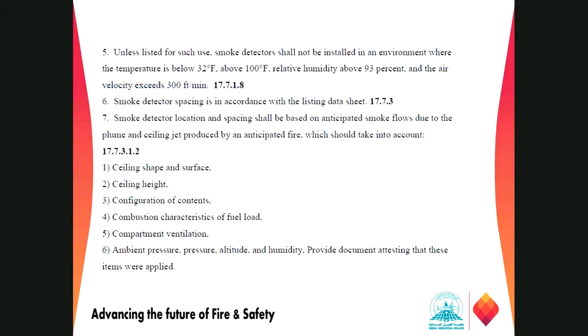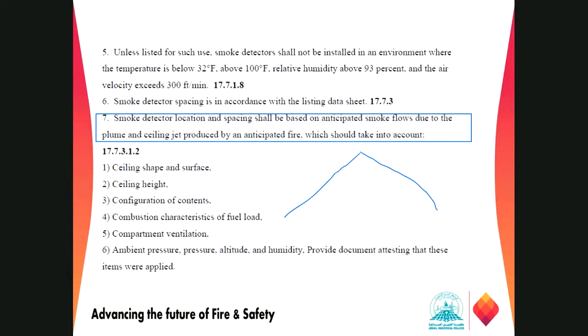Point number 7 talks about the smoke detector location and spacing, which shall be based on smoke flow due to plume and ceiling depth. If there is a fire, how the smoke flows, we have to take that into consideration. Normally in sloped areas, if there is a fire at this location, the smoke will go to the top.